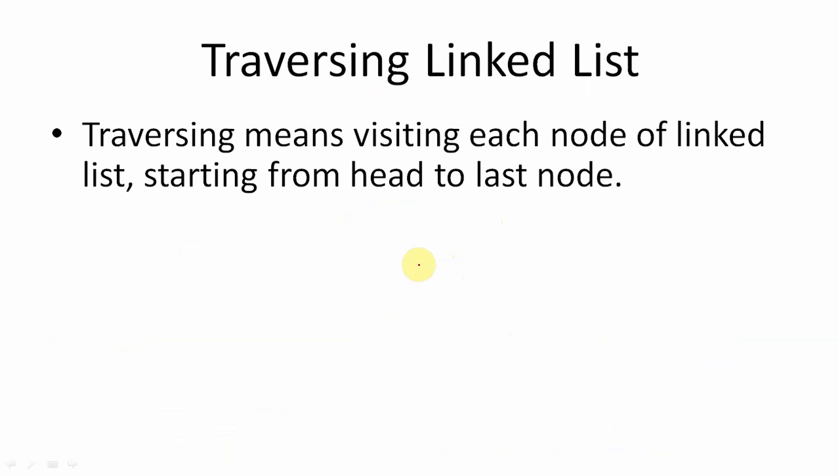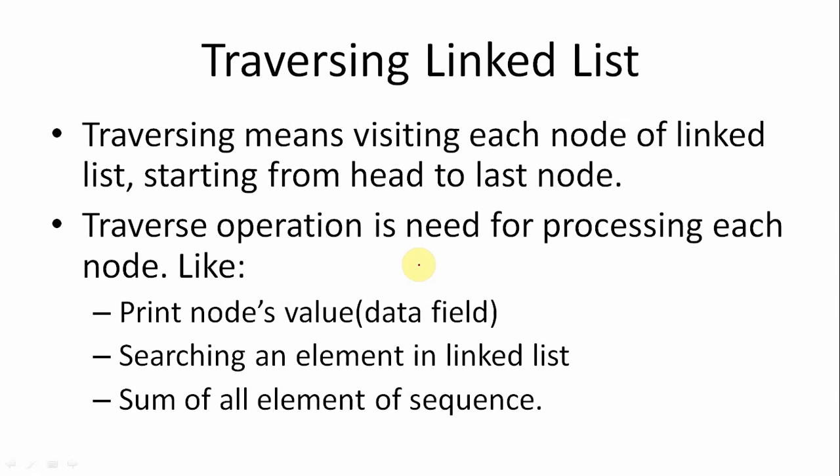You may also have noticed that in insert after a given node and before a given node we are traversing. For positional insert we are also traversing. For deleting a given node, we are also traversing the linked list. For deleting a kth node, we are traversing the linked list. So the traversing operation is connected to various operations in the linked list.